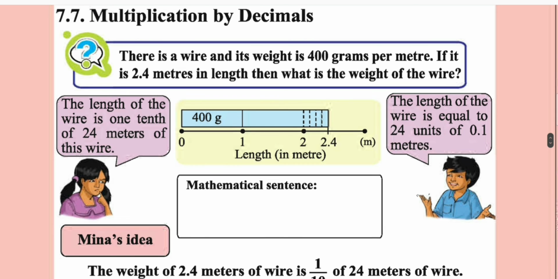Multiplication by decimals. There is a wire and its weight is 400 grams per meter. If it is 2.4 meters in length, then what is the weight of the wire? Nothing but 400 grams into 2.4. That is the mathematical statement.